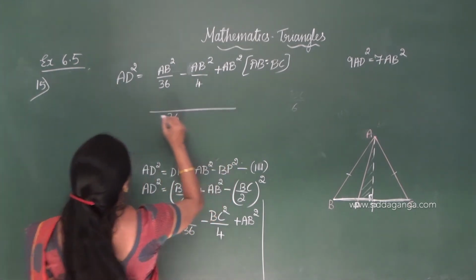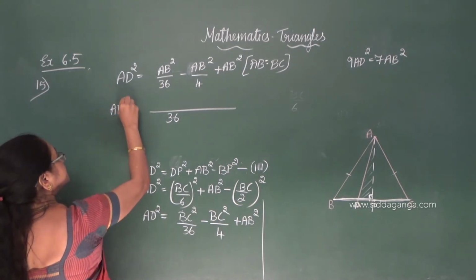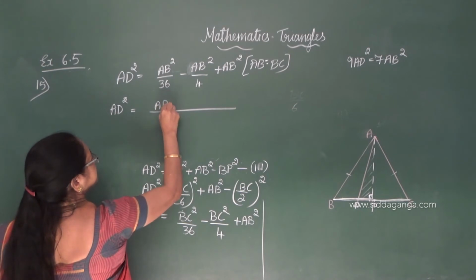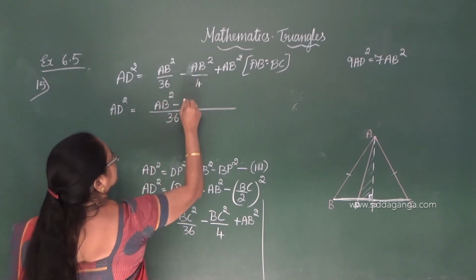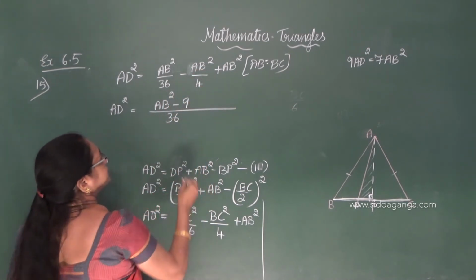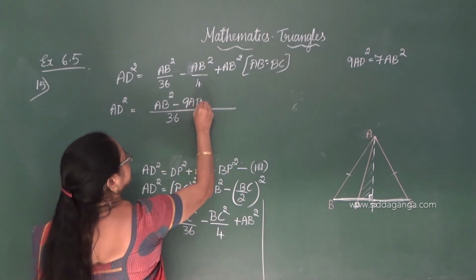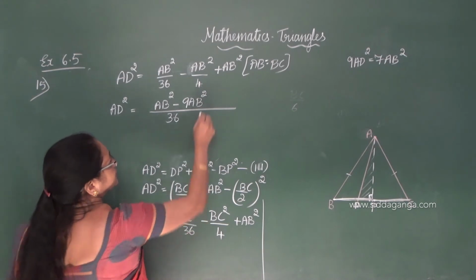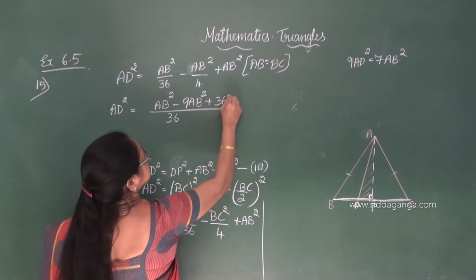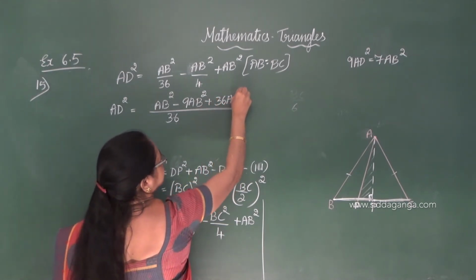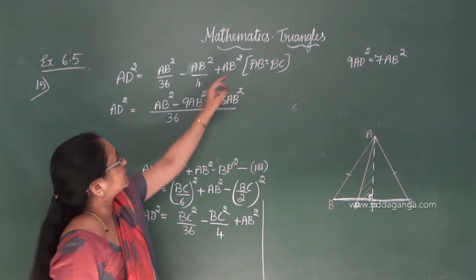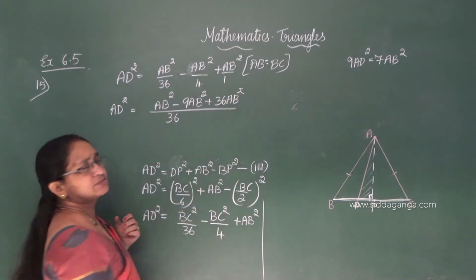Now, so here let us take the LCM. AD square is equal to 36 is the LCM. So, AB square minus 9 AB square, correct? 4 9s are 9 AB square plus 36 AB square. So, if you do like this, it will be correct now. 36 AB square, because you have to consider it as 1.